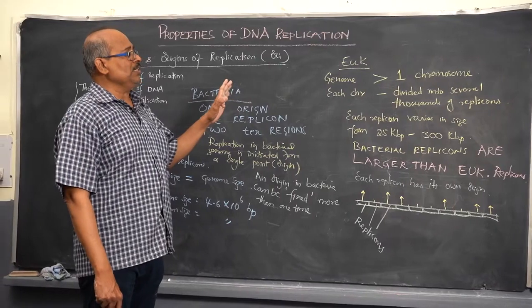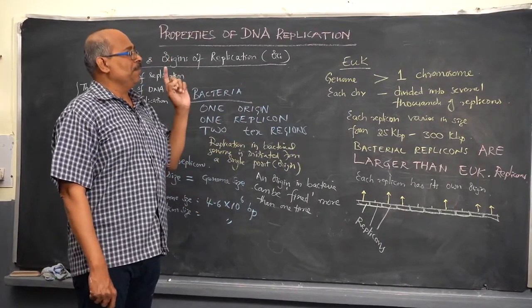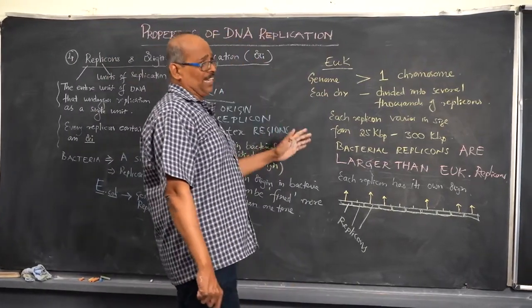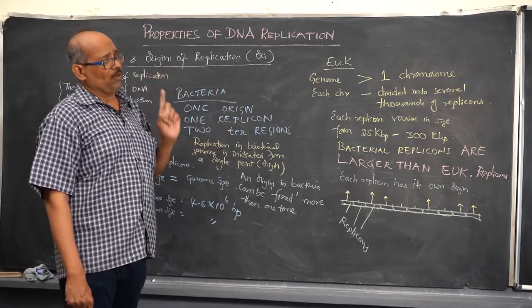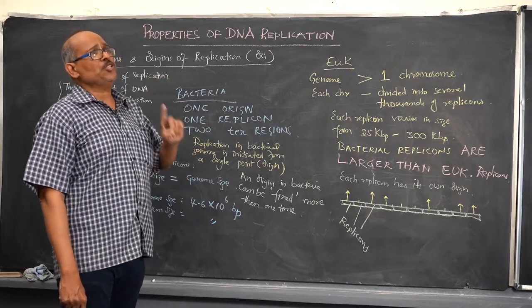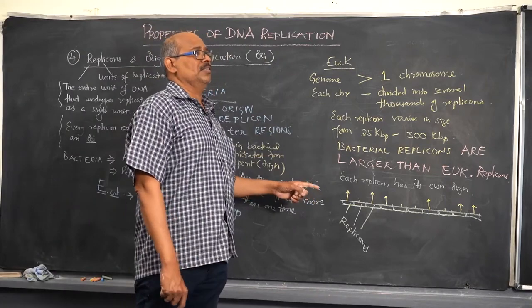So eukaryotic origin can be used multiple times. Bacterial origin can be used multiple times, whereas eukaryotic origin can be used only once. In eukaryotes, each chromosome contains several thousands of replicons.